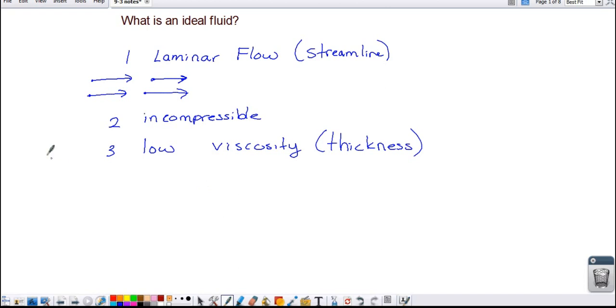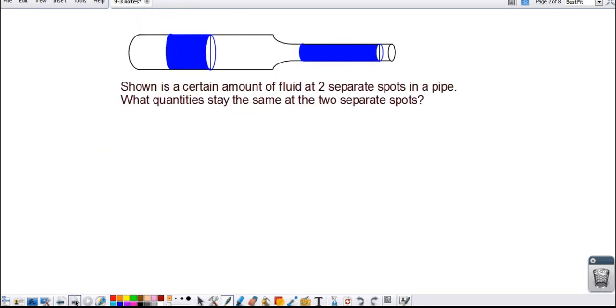Once we have an ideal fluid, what can we do with it? Well, we can look at this next situation, which is going to lead to our continuity equation. So this is a pipe, and you've got a certain volume of water that's come into this cross-sectional area 1, and it's going to flow through, and then this pipe gets smaller. The diameter of the pipe decreases, but we still have this fluid in there.